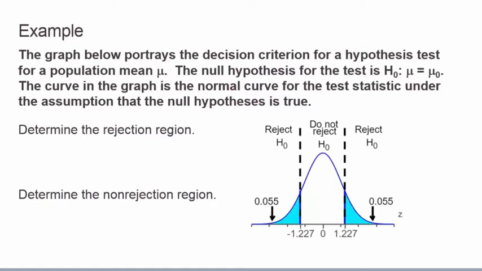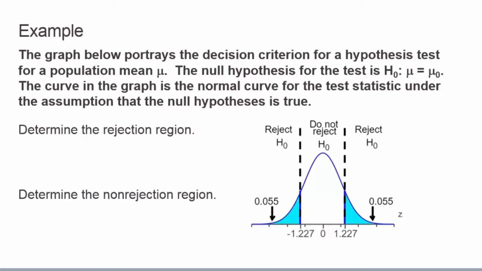Example: the graph below portrays the decision criterion for a hypothesis test for a population mean mu. The null hypothesis for the test is H sub 0 colon mu equals mu sub 0. The curve in the graph is the normal curve for the test statistic under the assumption that the null hypothesis is true.